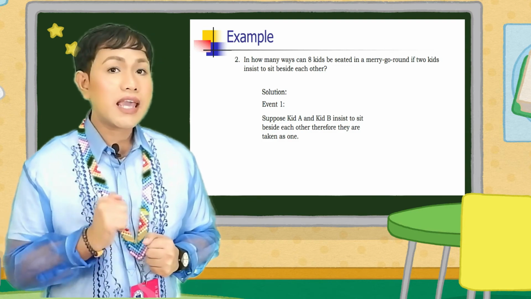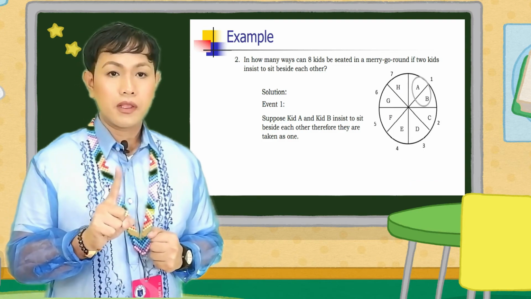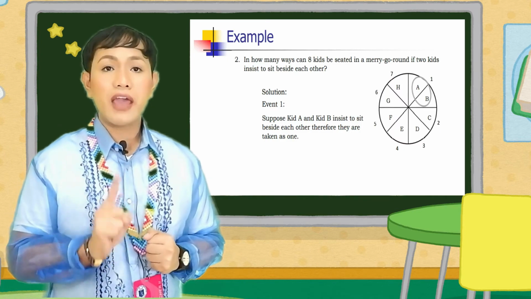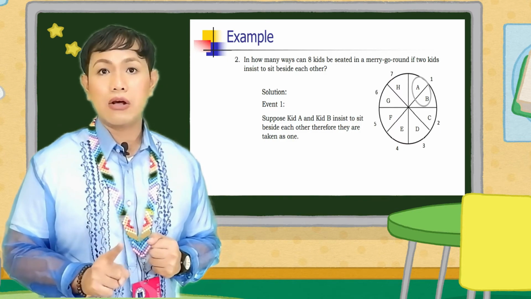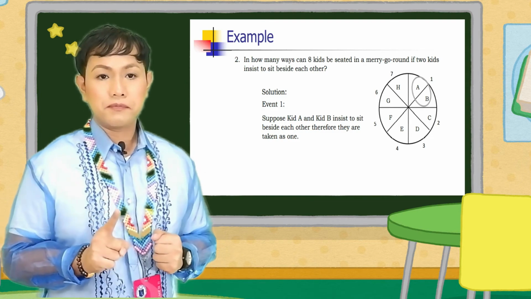Therefore, they are taken as 1. So, instead of n to be equal to 8, we will be having n now to be equal to 7.